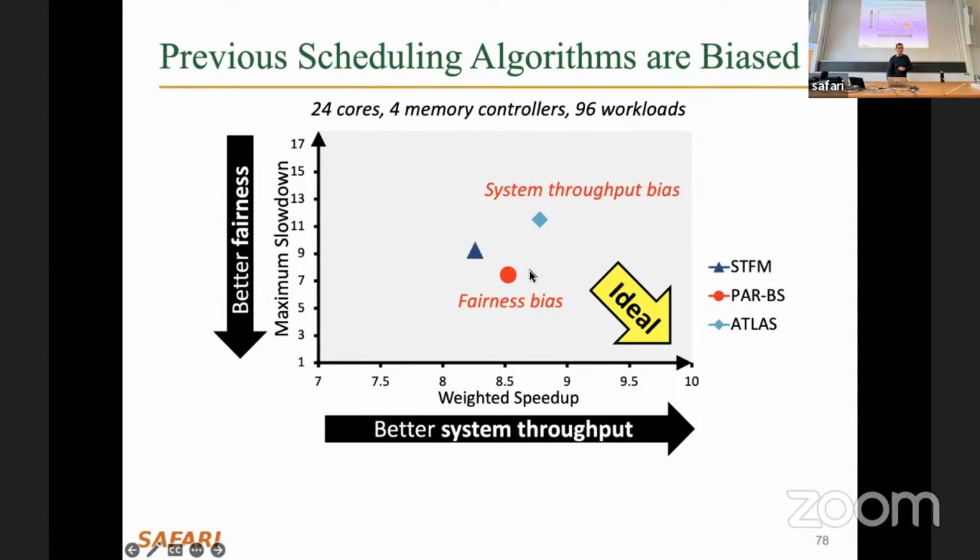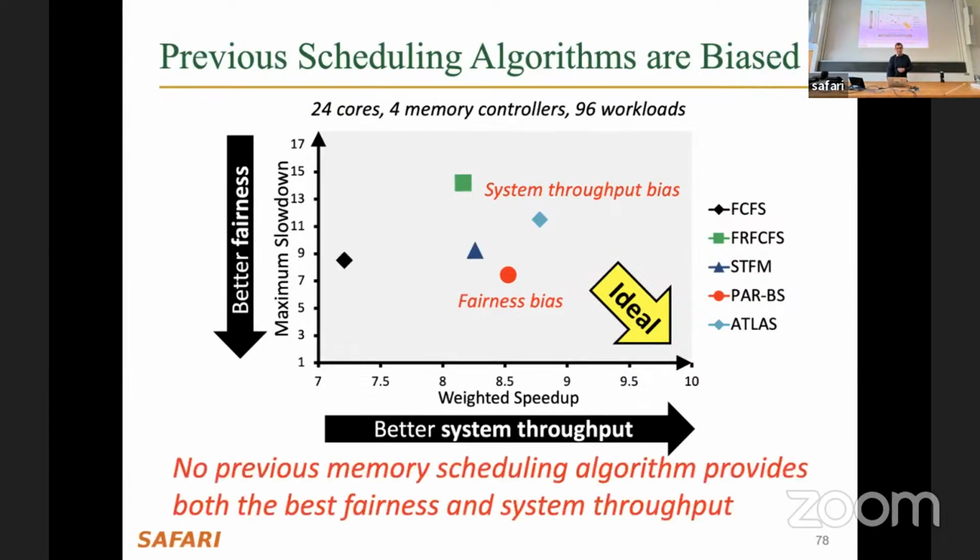This is STFM, not good for anything or average anymore, because that's what innovation is, right? Old policies become not good for anything. This is FR-FCFS, terrible, as we have discussed. This is FCFS, first come, first serve. Again, not bad for fairness in this particular workload, happens to be, but not terrible for throughput. So basically, the realization is that no previous memory scheduling algorithm provides both the best fairness and system throughput.